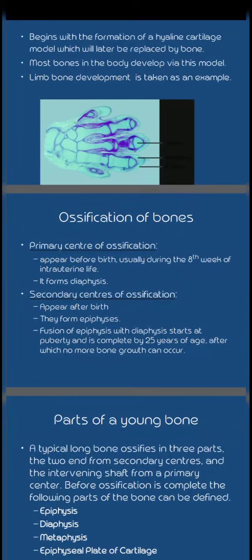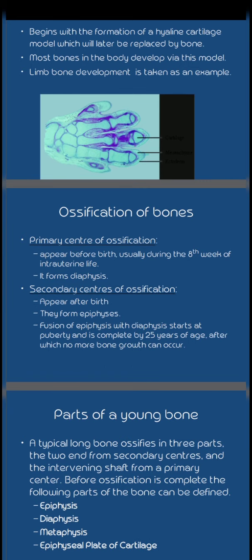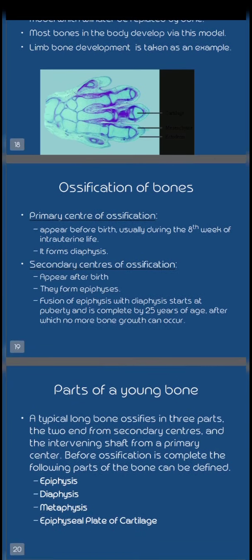Ossification basically takes place via different centers of ossification. There is a primary center, and then there are secondary centers of ossification. Primary centers appear before birth, during the 8th week of gestation, and they are responsible for the formation of the diaphysis, or the shafts of the bones.